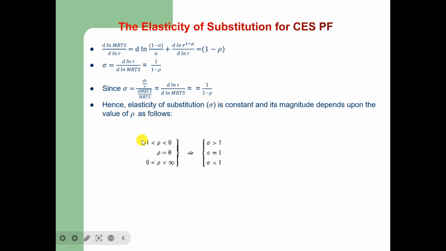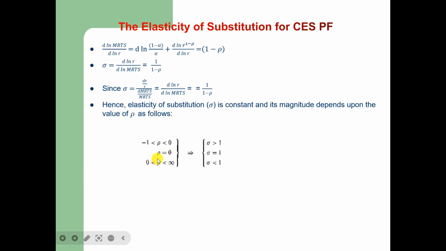If the value of rho ranges from -1 less than rho less than 0, then in that case elasticity of substitution will be greater than 1.